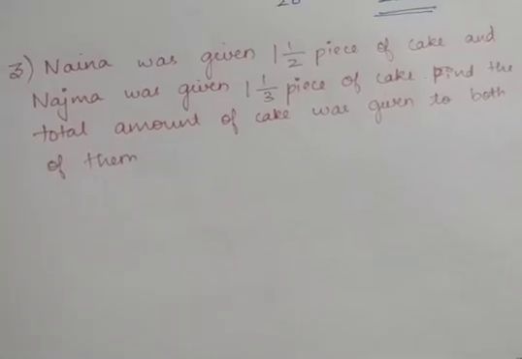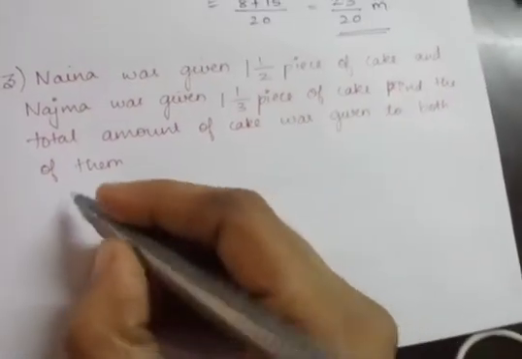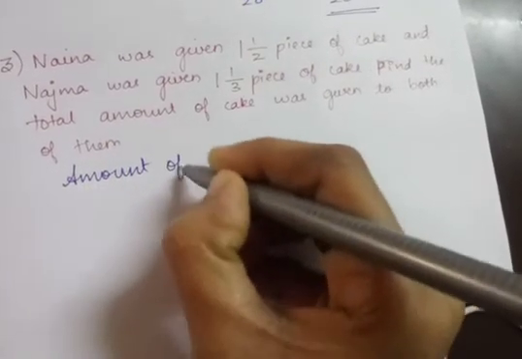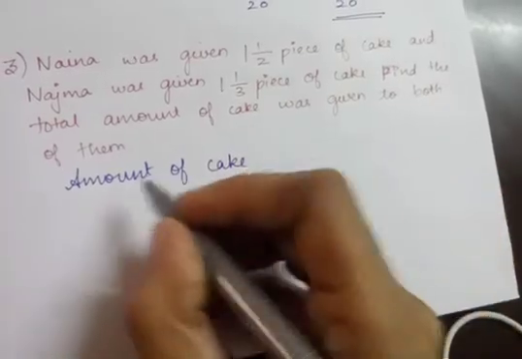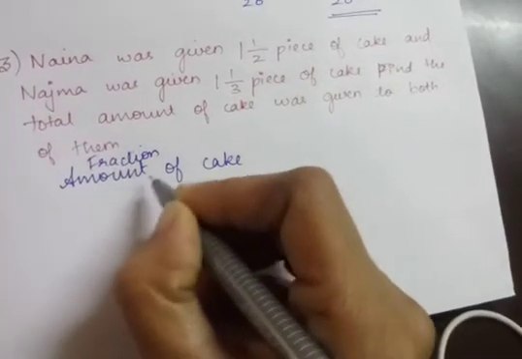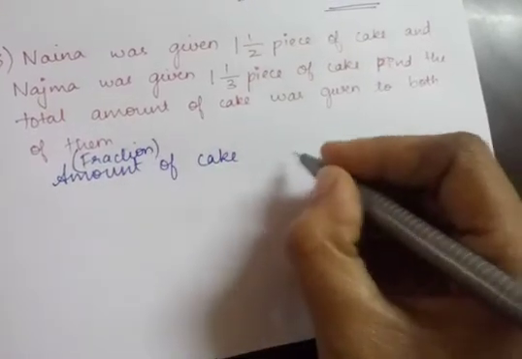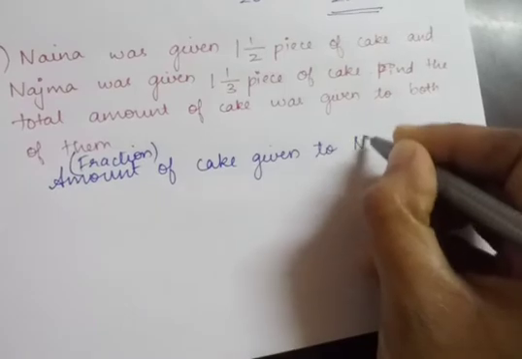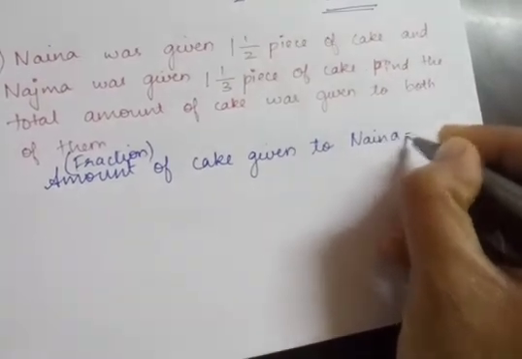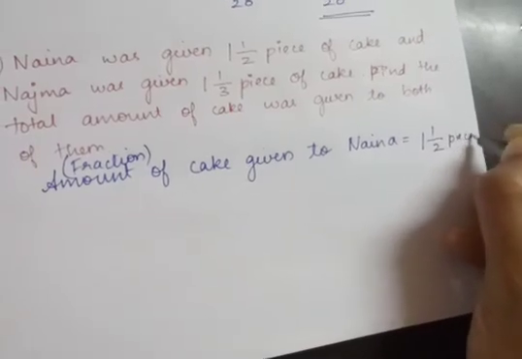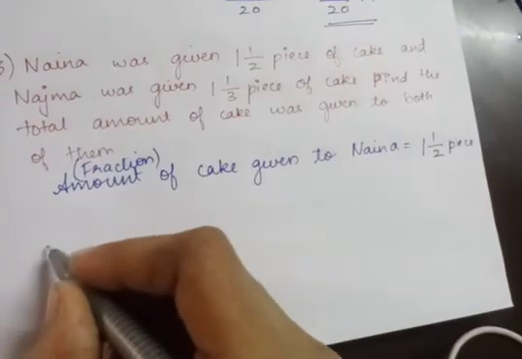Okay, so we can write it. Amount of cake, or you can write fraction of cake. You can write in bracket fraction of cake given to Naina. How much? 1 by 2 piece. Is it? Next.